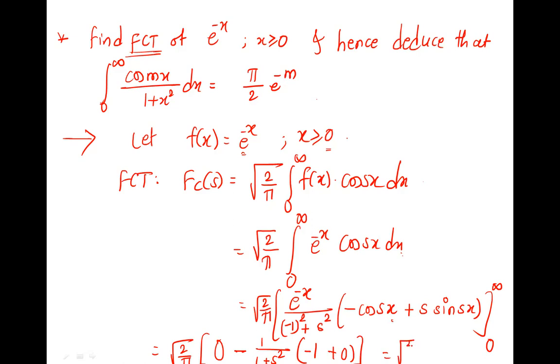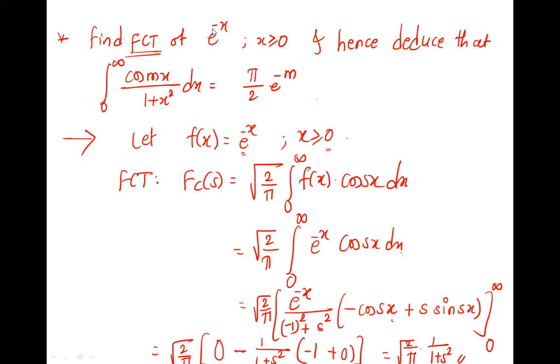So it is root 2 by pi, 1 upon 1 plus s square as FCS. So you got the Fourier cosine transform as root 2 by pi, 1 upon 1 plus s square.